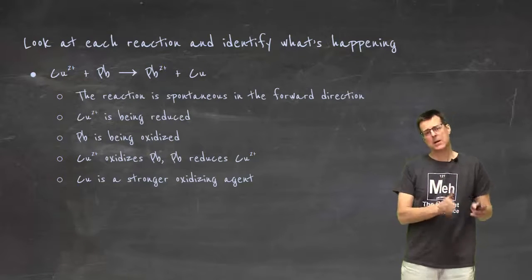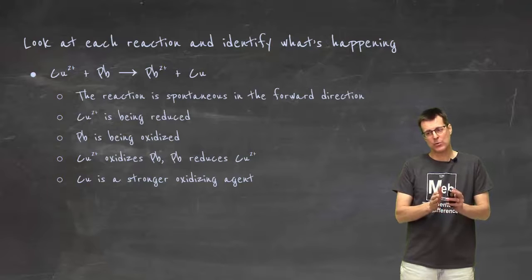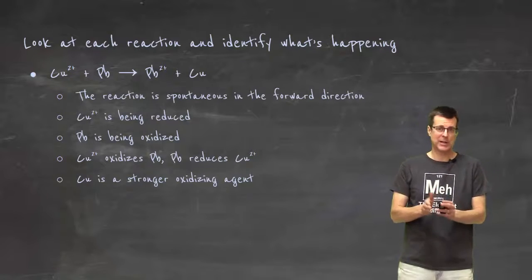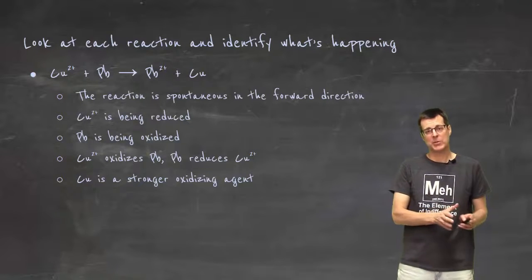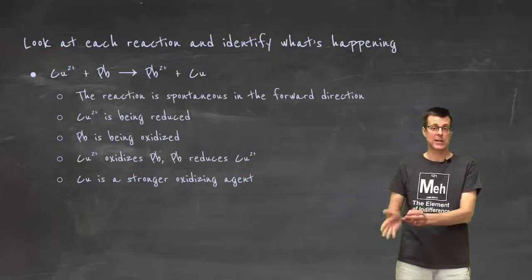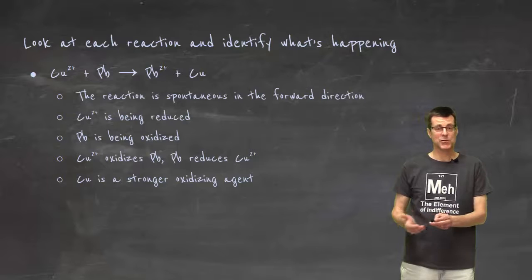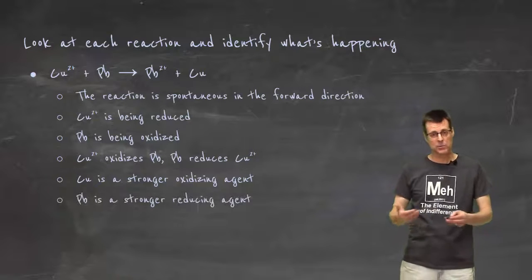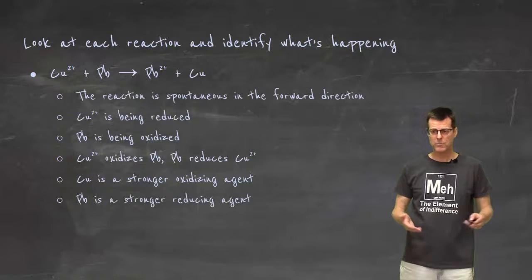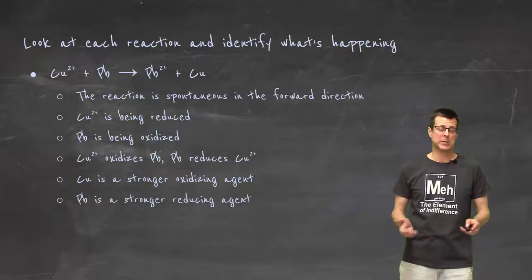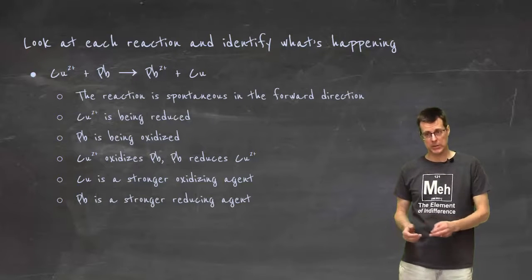That makes copper the stronger oxidizing agent than lead, because copper is the one that's causing the oxidation. So lead is being oxidized, not copper. That makes copper a stronger oxidizing agent. And then conversely, lead, Pb, is a stronger reducing agent.